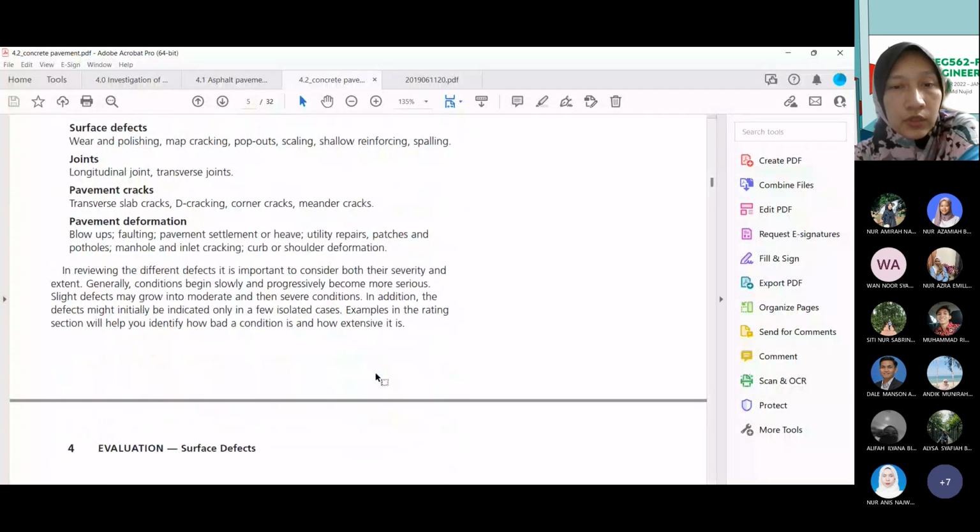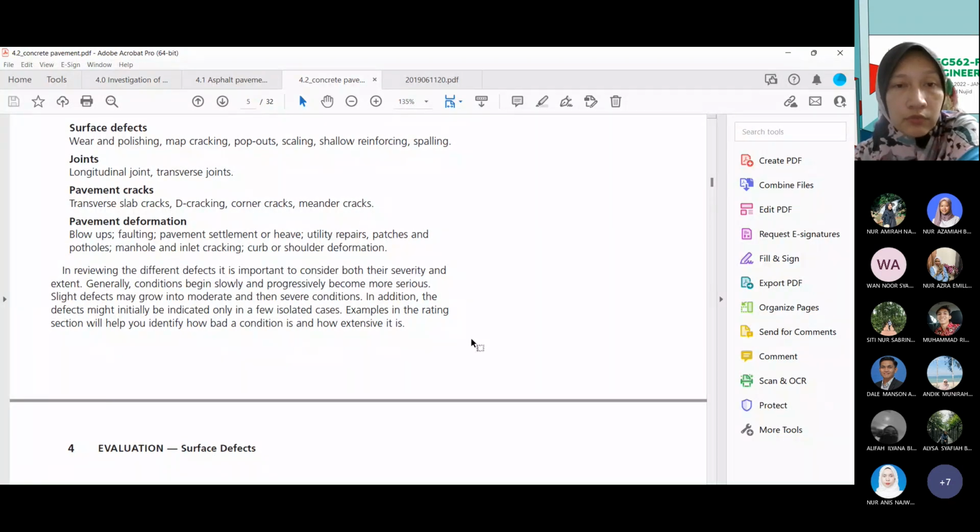Of course, in terms of the material itself, if you are talking about asphalt pavement, the surfacing is made of asphalt. Meanwhile, for concrete pavement, the surfacing is made of concrete. Talking about concrete, when you are constructing a building, if a structural building is made of concrete, you have to provide reinforcement.